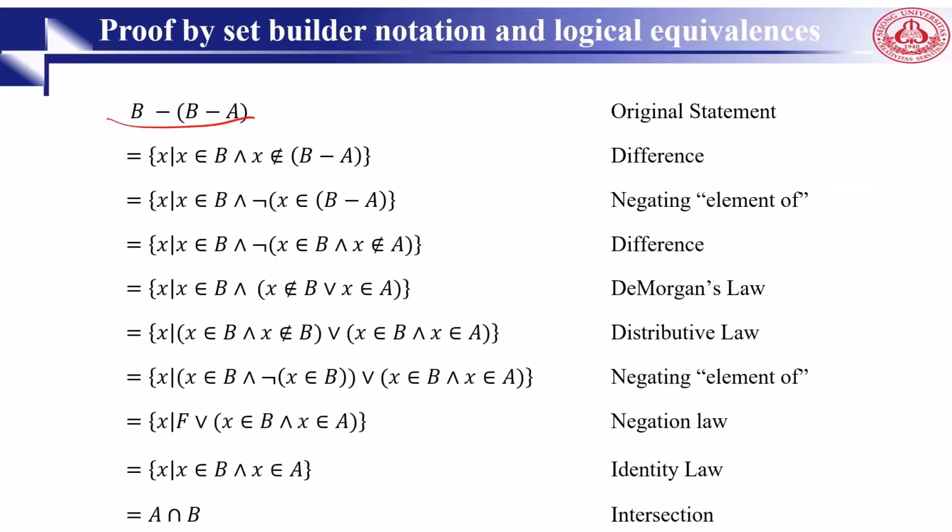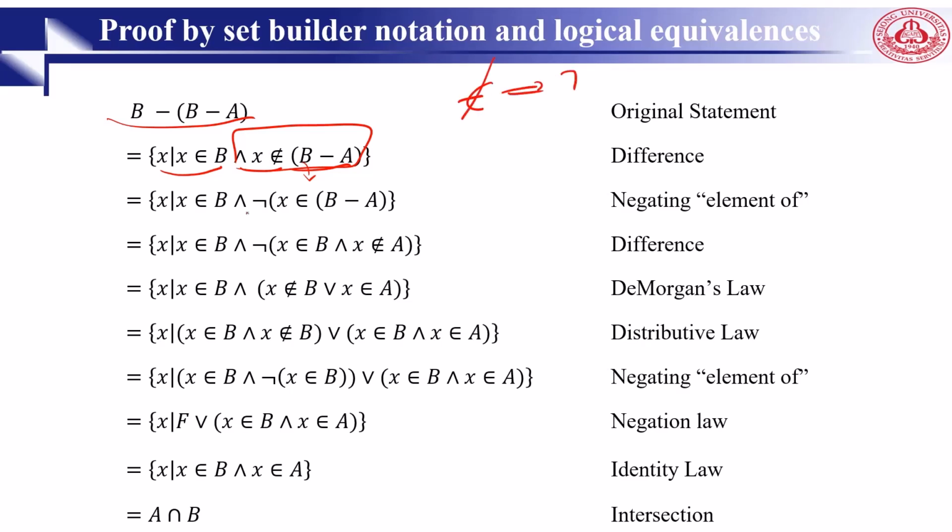So here is our original statement. We say that X in such a way that X is in B and X not in the difference part. Okay. Then we can change this part to this. X in B and negation of X in. So this not in is equal to negation, right?